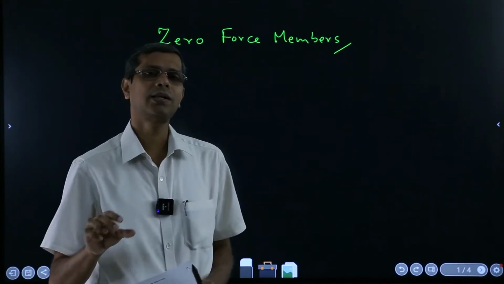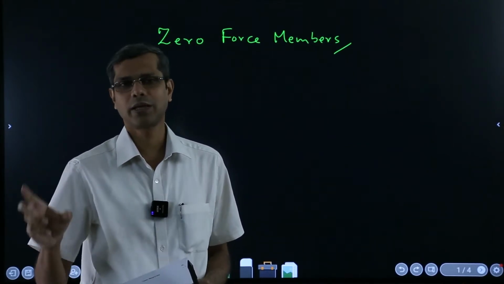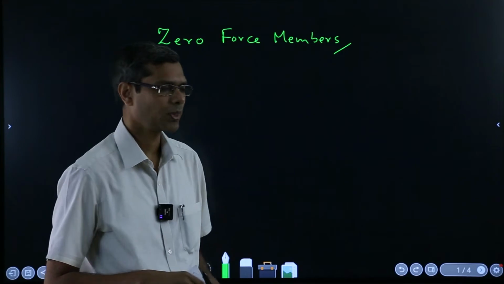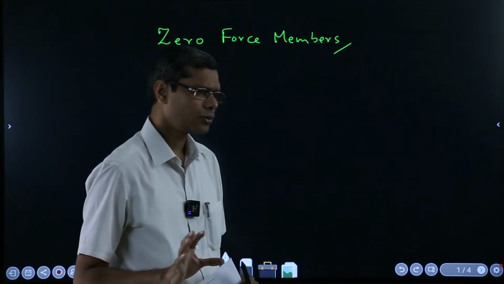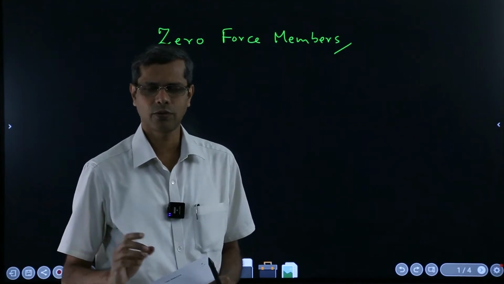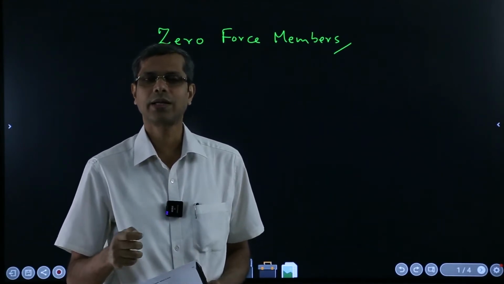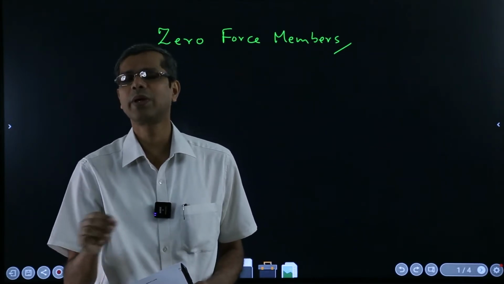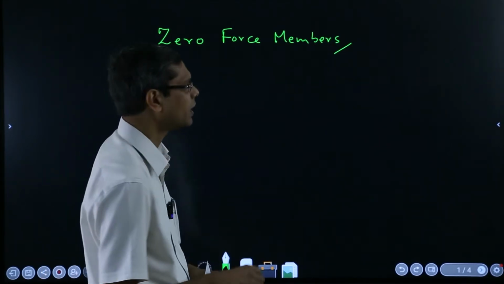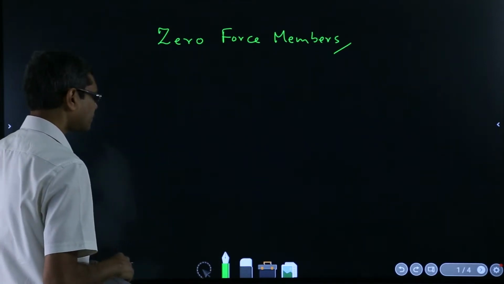So that is why we can't just remove the member if for a given loading condition it is a zero force member. But in analyzing a truss under a given condition of loading, it's quite useful if we can recognize these zero force members just by visual inspection. So that is what we are going to discuss in this segment.